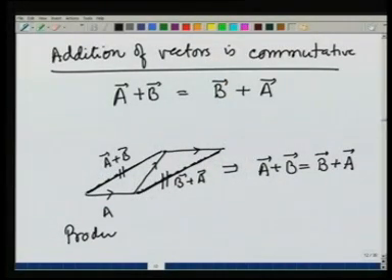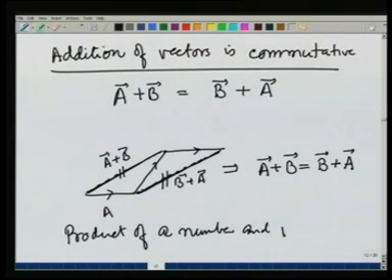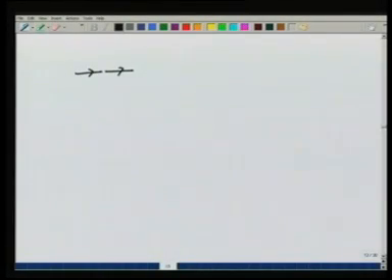Next, we can use addition of vectors to define the product of a number and vector. For example, if I take A and add A to it, you can easily see that the length doubles, and therefore, its magnitude is 2A, and since it is the same direction as A, I can write this as 2 times A vector.